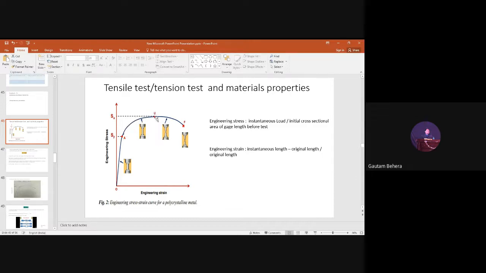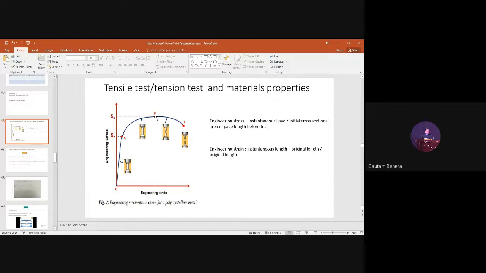And finally, from this point, you can see what is happening to the material. A neck is forming, like the neck in your body. This is neck formation. Neck formation means a localized reduction in cross-sectional area is happening from this point.